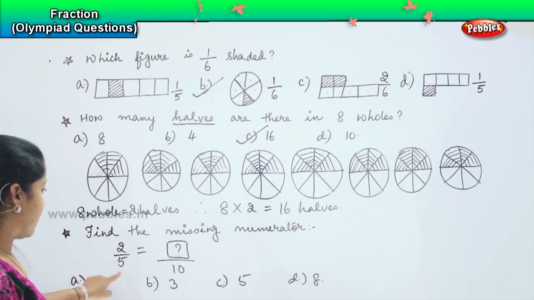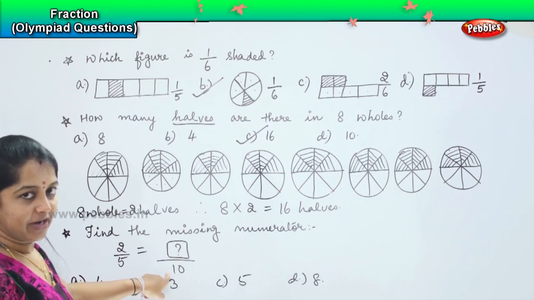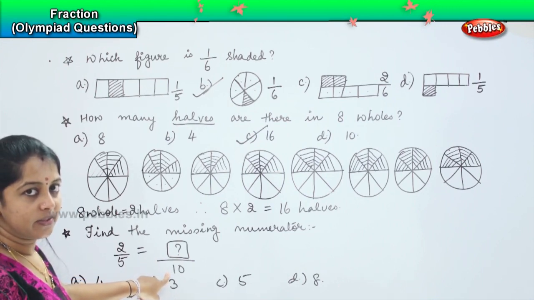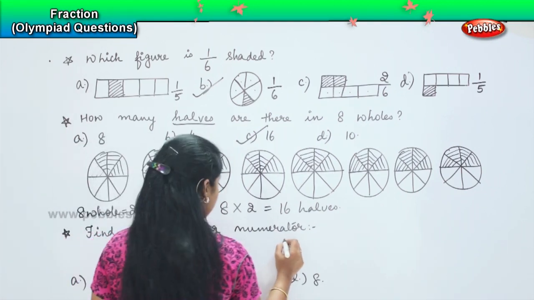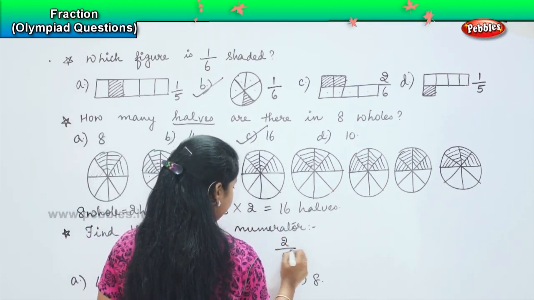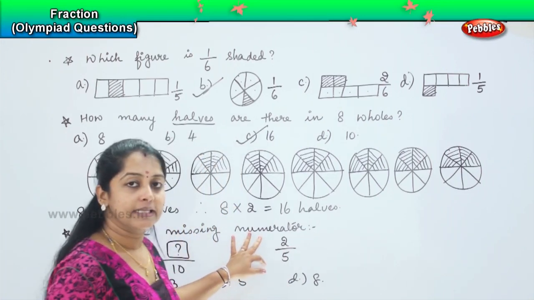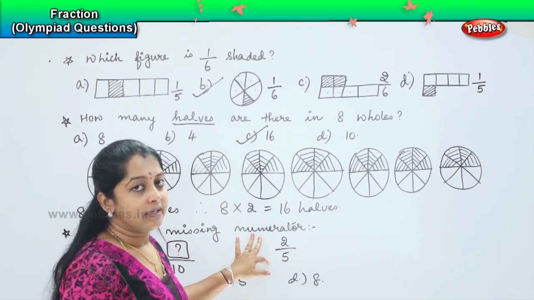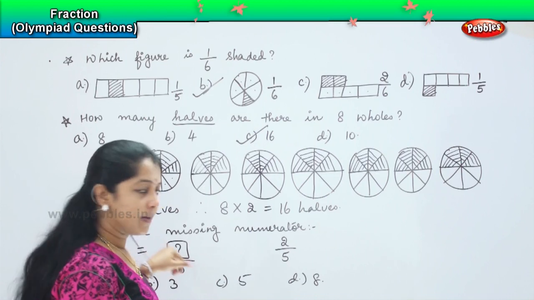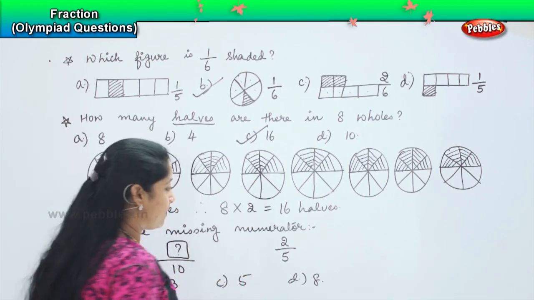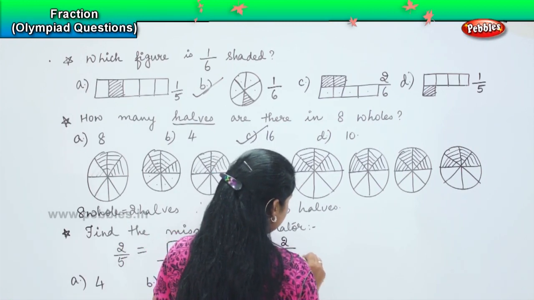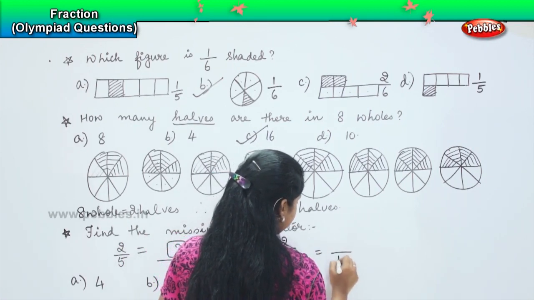If we see the pattern, how many times will 5 be multiplied to get 10, children? 5 into 2 is equal to 10, right? So if you remember, I said the rule that if we want to make our first number equal to the second number, we have to multiply it with the same number, right? So 5 into 2 is equal to 10.